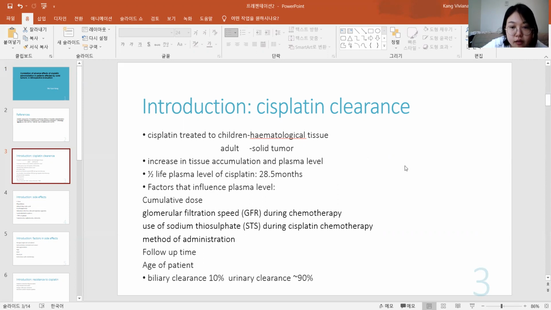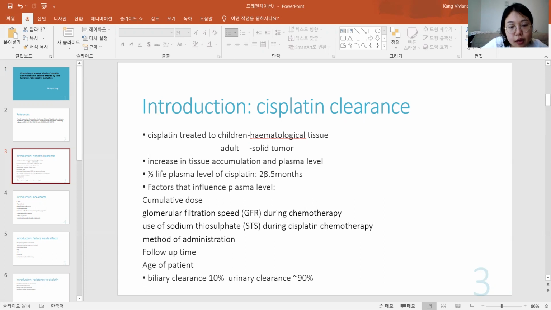When cisplatin is used on patients, they display an increase in tissue accumulation and plasma levels. The plasma levels do not get out of the body readily. According to research, the half-life of the plasma level of cisplatin is 28.5 months.